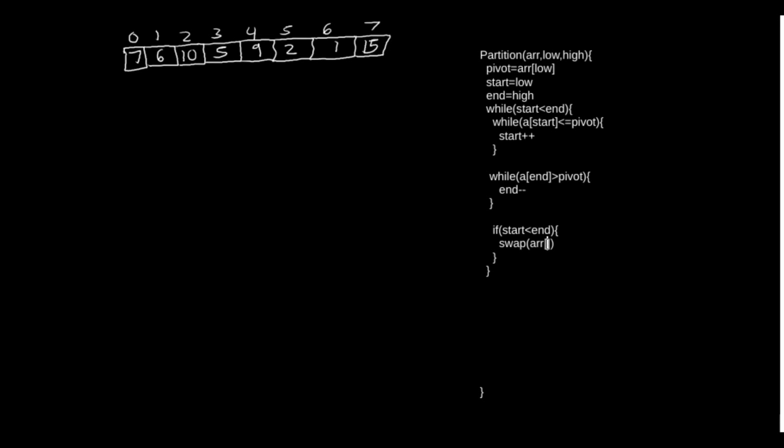And when the while loop is finished, we swap array[end] with the first element in the array, which is low here, and then we return end.